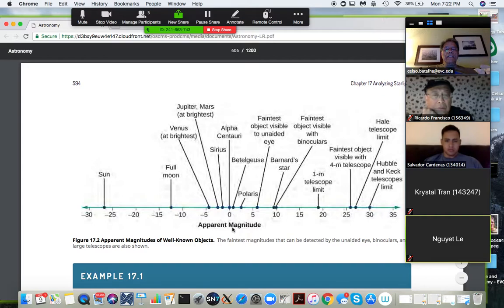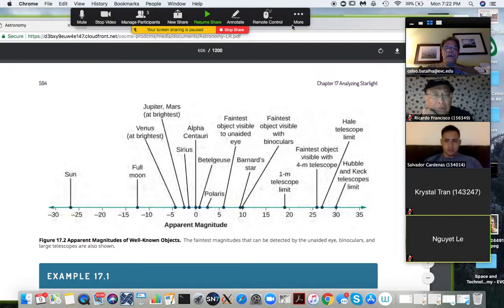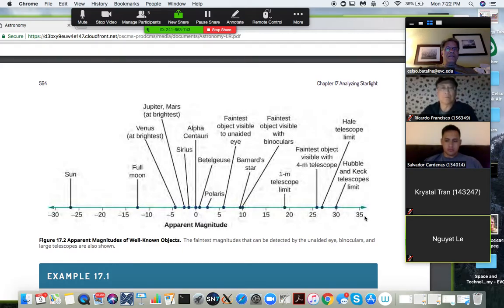Because of this logarithmic scale, it so happened that the bigger the number, the fainter the source is. See that? For instance, the sun is out here. It's the brightest object we know, but it's also the one with the least apparent magnitude, somewhere around negative 25, 26 or so. So it's the negative scale.